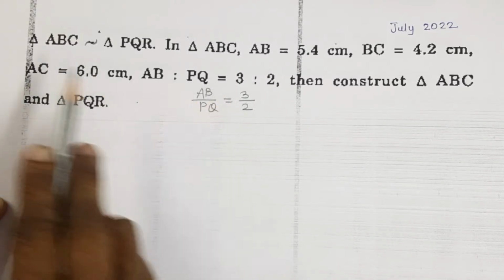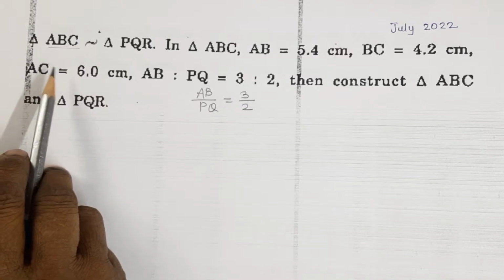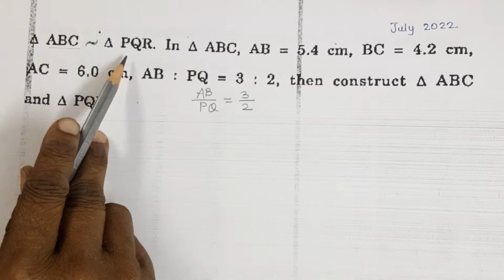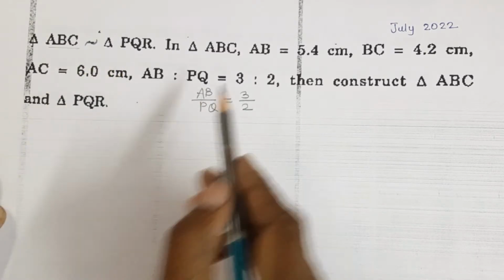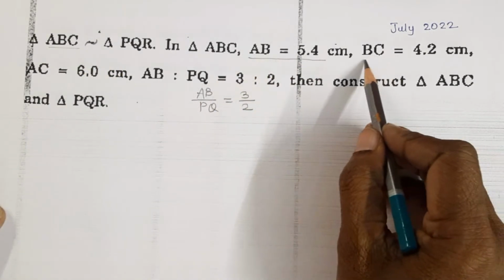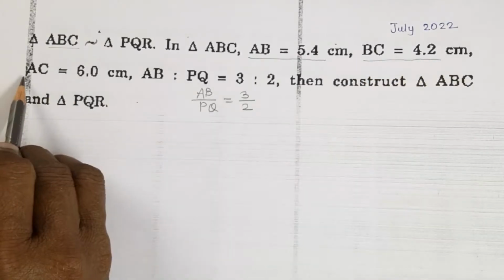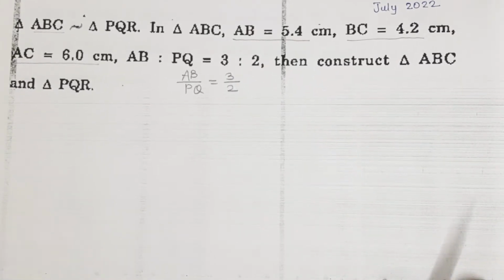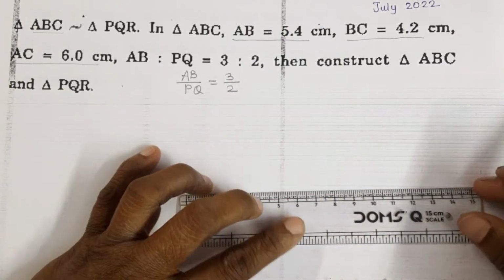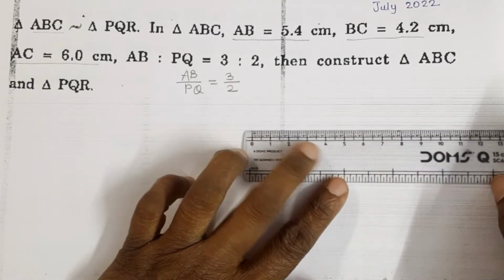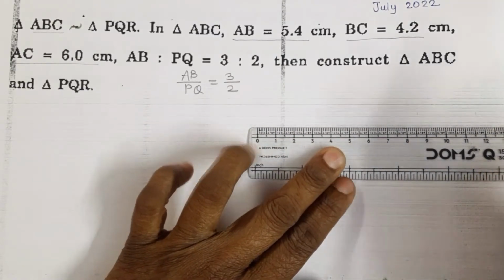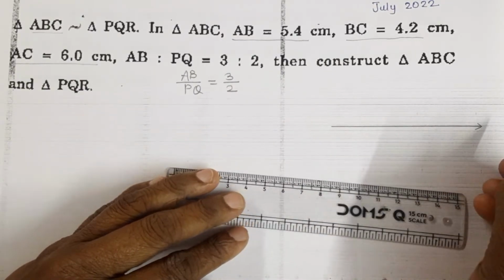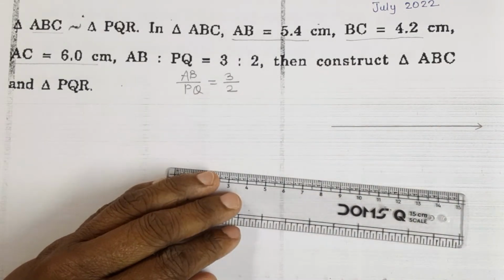Here AB is in triangle ABC, and in front of it is 3, which is greater than 2. So that means ABC is the greatest triangle, greater than PQR. So we have to first draw triangle ABC because its measurements are given. First we draw the rough diagram, in which ABC is the greatest one. I draw the ray this way.